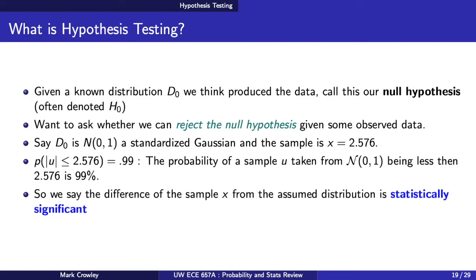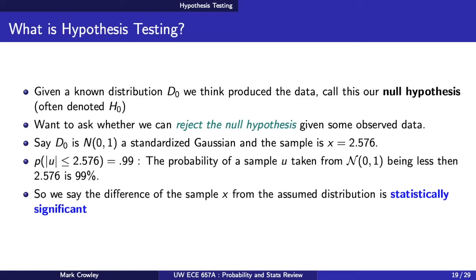The idea is that given a known distribution, we'll call that D0, that produced the data, we could put forward a null hypothesis saying this is what creates the data, that's the thing that we're expecting to be the generator of the data, and you can do a significance test to figure out whether this hypothesis is correct or not, or probable or not. We're going to have different types of hypotheses, but say we're putting forward this null hypothesis saying we're going to assume that this particular distribution D0 is what generated the data.